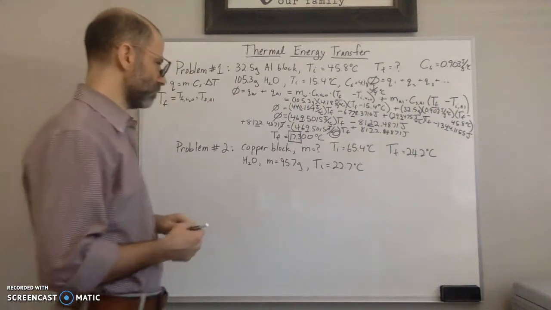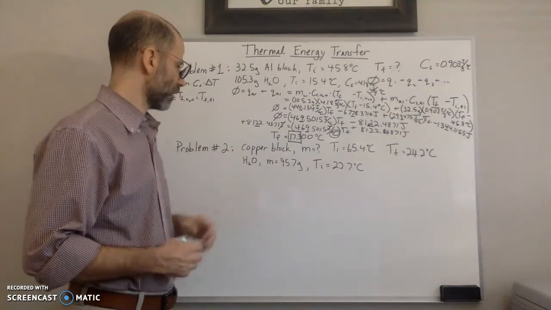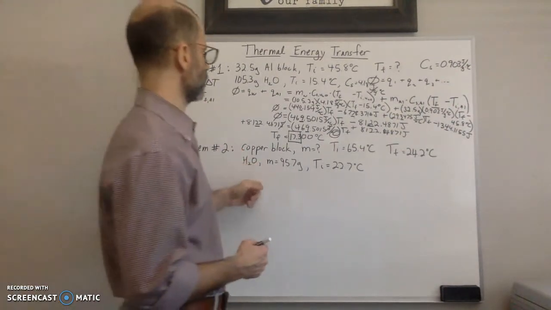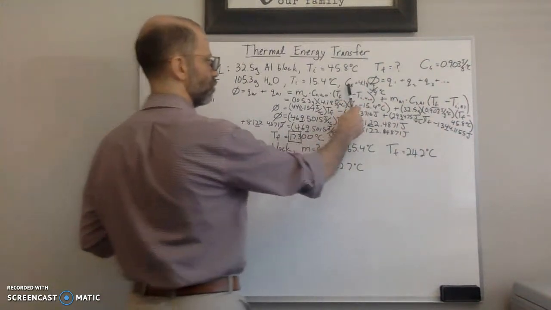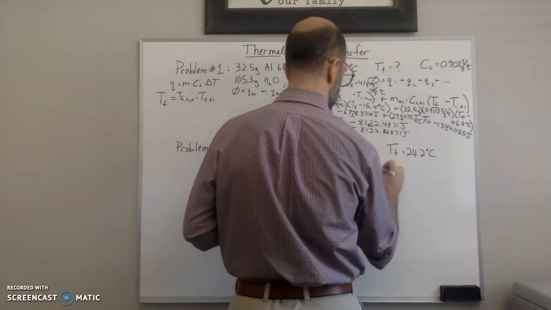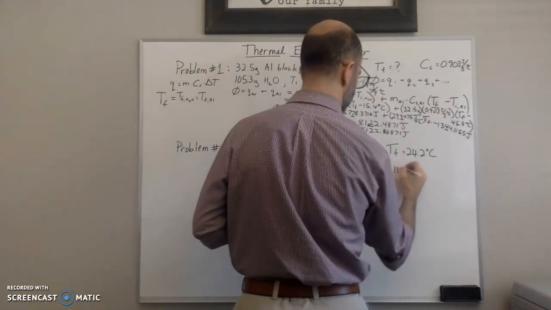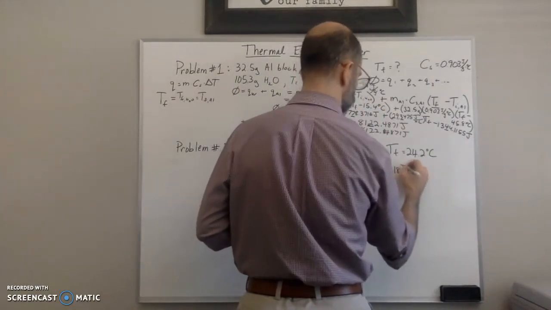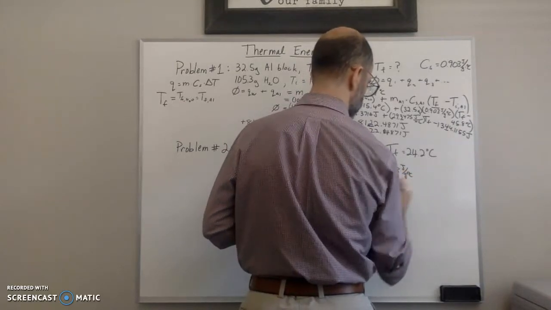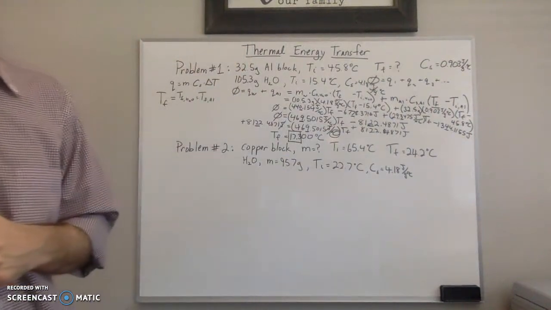So again, they have to give you the specific heats of the copper block, the copper, and the water. So water is going to be the same as before. So the specific heat of water is going to be equal to 4.18 joules per gram degrees Celsius. Okay, and then for copper, we need to look that up.